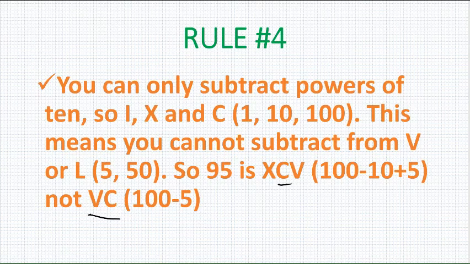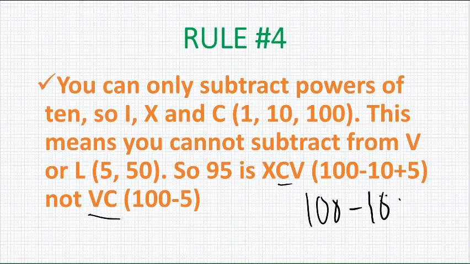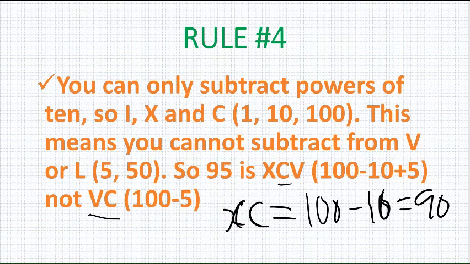Okay, so to find 90, we know that 90 is actually 100 minus 10. 100 minus 10 gives me 90. And this in Roman numerals is simply XC. So since XC is 90, all I'm going to do is just to do XCV to get 95.